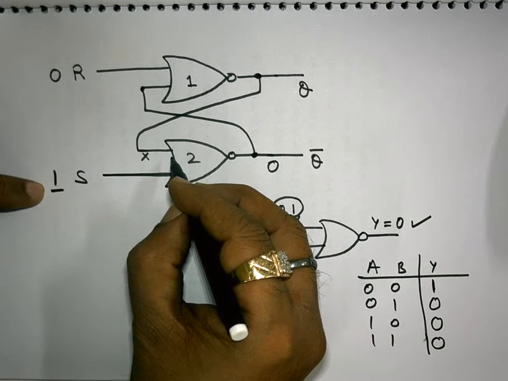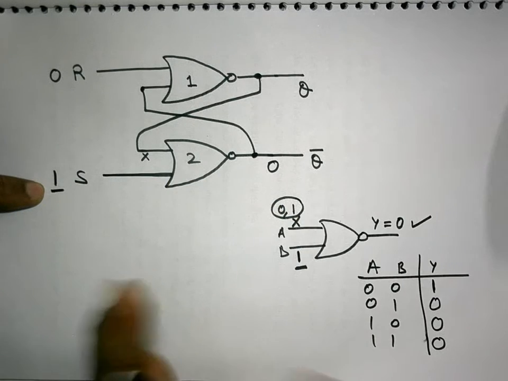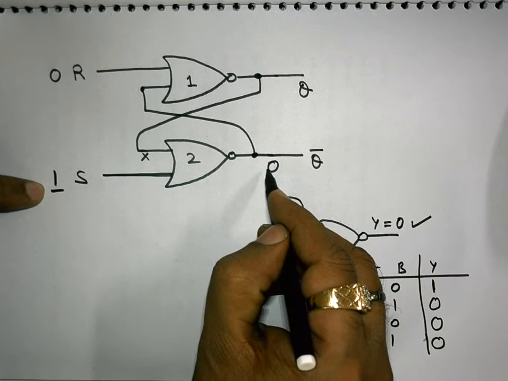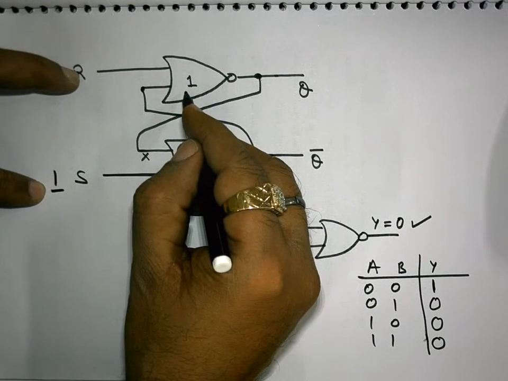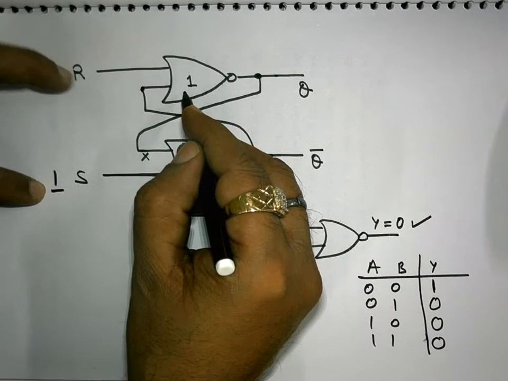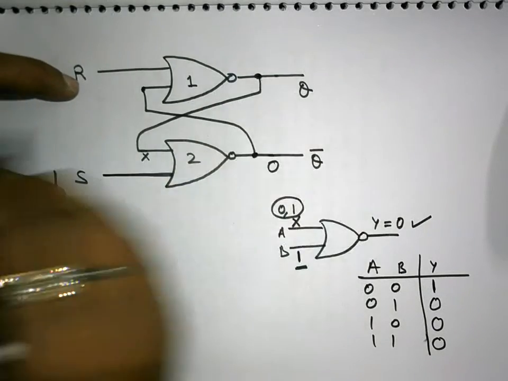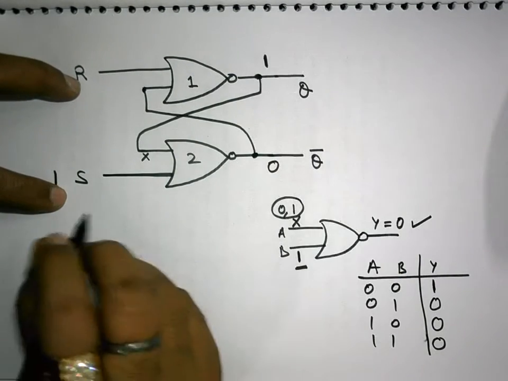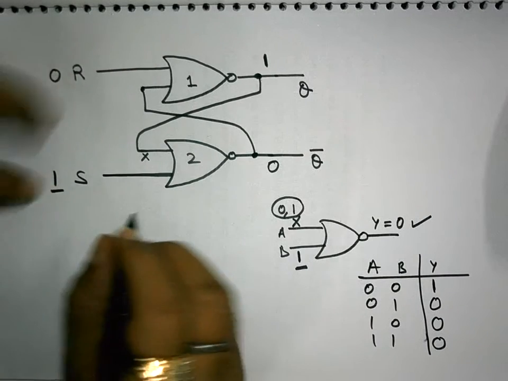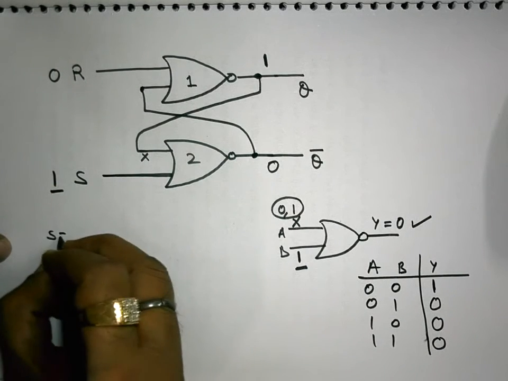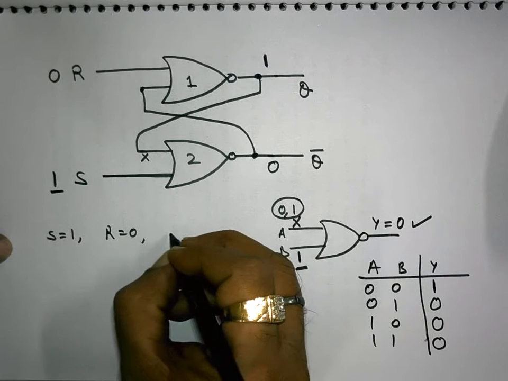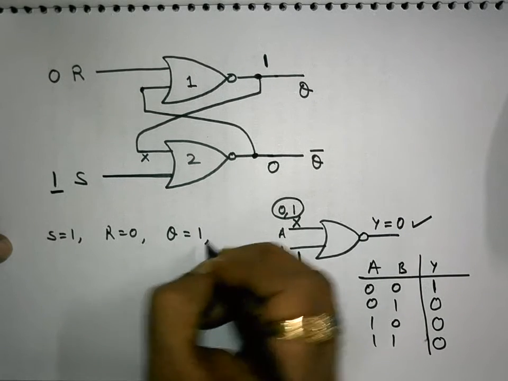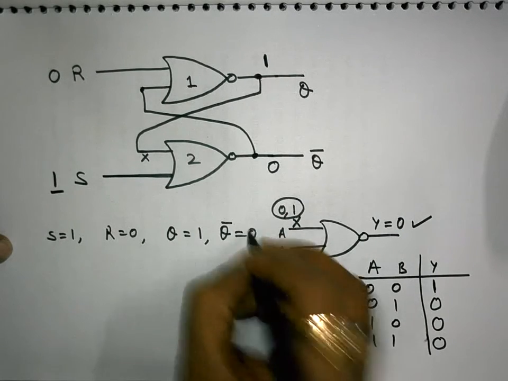One of them will definitely come, but whatever is coming, it is not our matter. This output will be equal to 0. And this 0 is fed back to the input of gate number 1. And this 0 and this 0 make the output equal to 1. Okay. So if we are applying S equal to 1 and R equal to 0, what we are getting is Q equal to 1 and Q bar equal to 0.